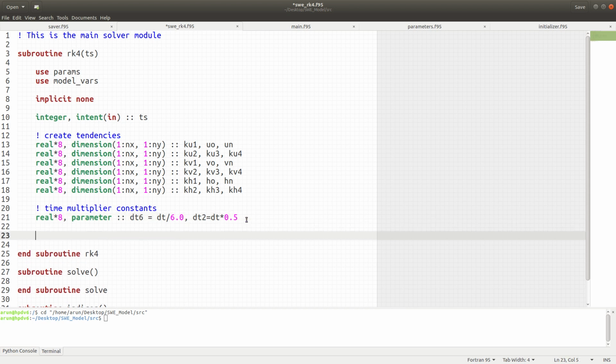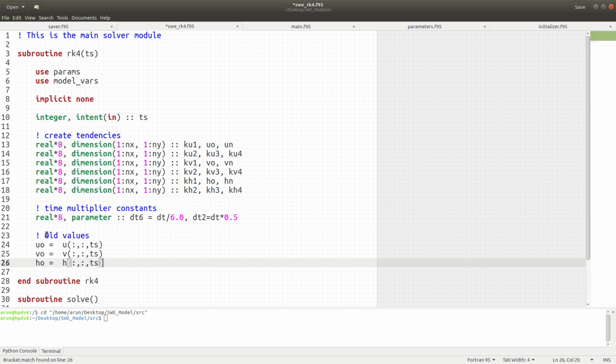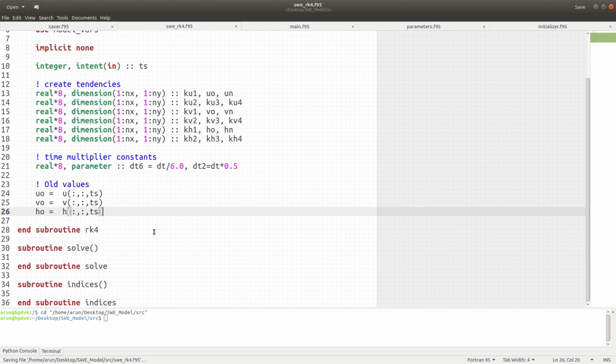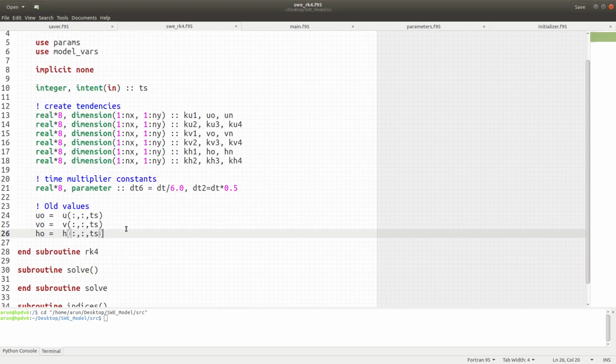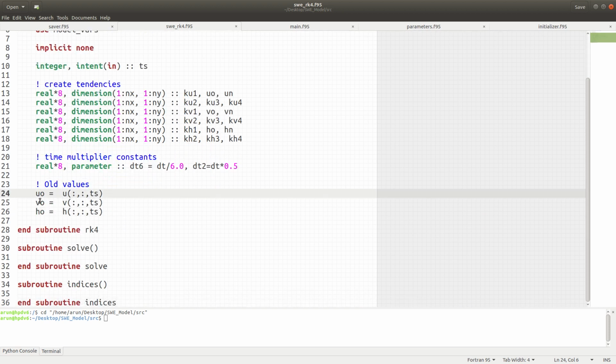Then I'm going to bring out the old values from the main program. Instead of using the entire UVH, which is actually a 3-dimensional matrix, let me just take the old values out, considering the time step, and save them in U0, V0, and H0, and then I'm going to call the Runge-Kutta method.